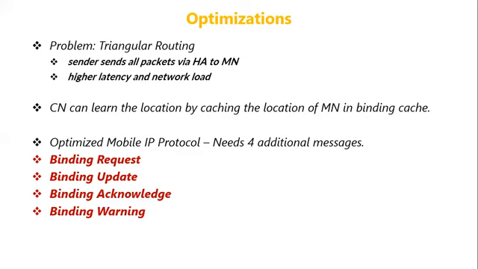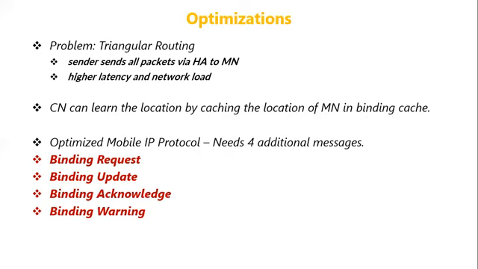The HA can check if the mobile node has allowed the dissemination of its current location. Then the HA will check whether the mobile node has permitted sharing its current location information or not. If the HA is allowed to reveal the location, then the location information will be sent to the node requesting the data.